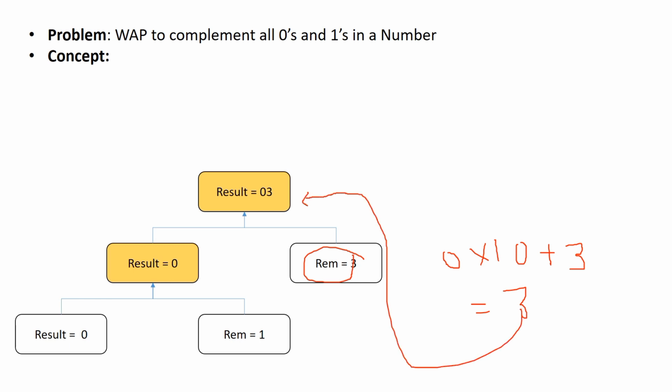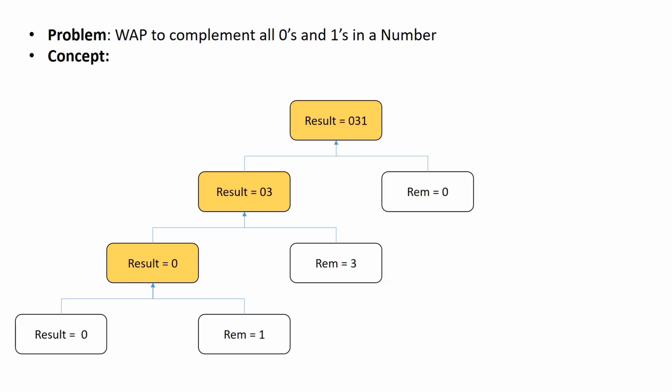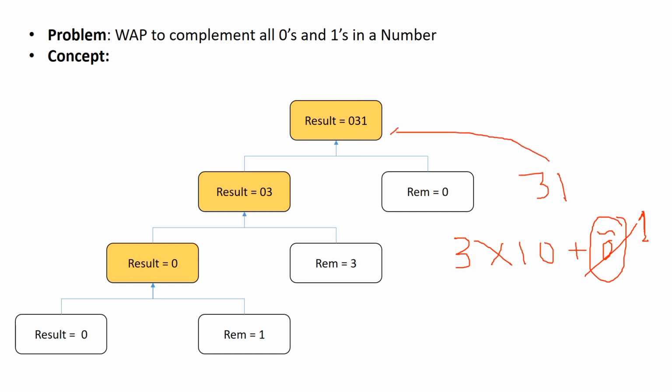Now the next step is 3 into 10 plus the complement of your remainder, which gives 1. So it will be 31, which is your next result.